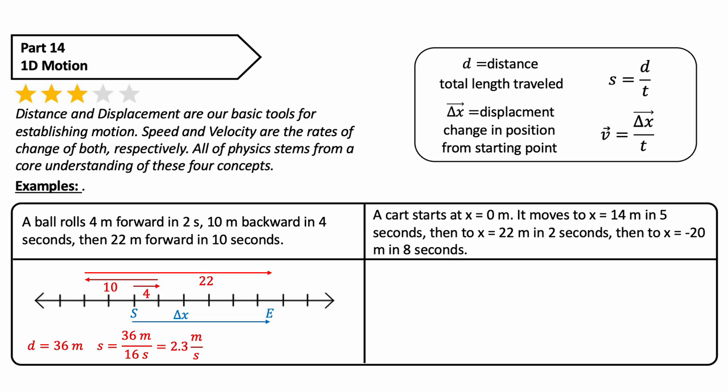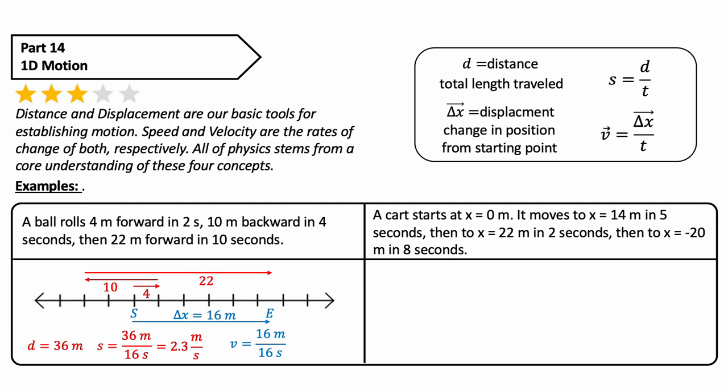But in total backwards, I went 10. So I went 26 forwards and 10 backwards, a total of 16 forwards is the net result of this motion. So my ending point is 16 meters ahead of that starting point. And that direction is important to the displacement, so we often indicate forwards or backwards. My displacement is 16 meters forwards, as indicated with the arrow.